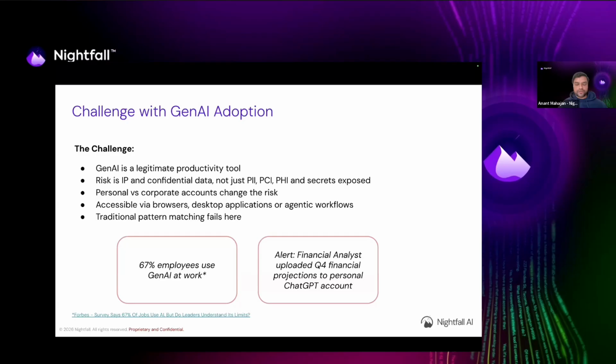One of the key things is you may have provisioned or sanctioned corporate accounts in some of these AI assistants, which are allowed. So how do you distinguish between legitimate usage of these AI apps versus any personal instances of it? Brian has already touched upon the core differentiator on detection platform accuracy here.